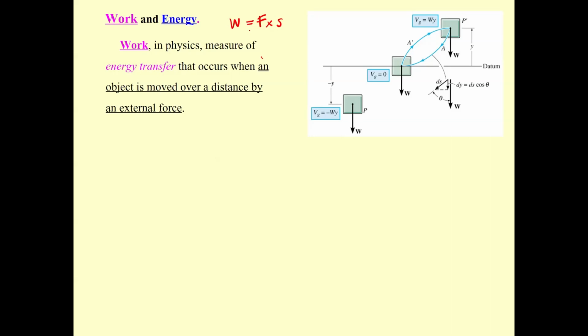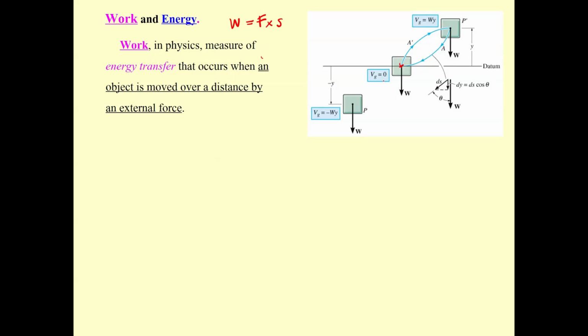Or the other thing, if you're thinking about a body with the weight of mg, and the force moves it, lifts it up. By this, what happens? You move the body from the reference point.